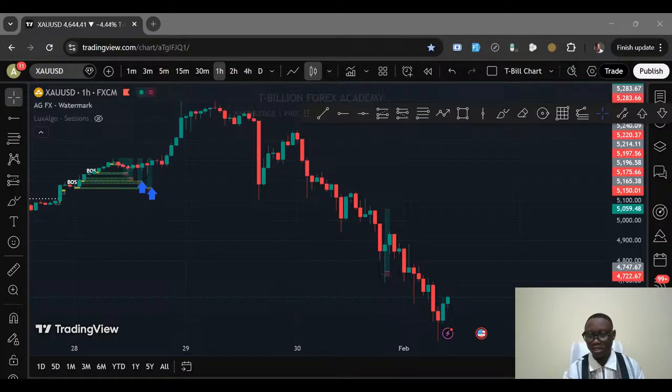You will learn how to properly read market structure, identify key order block zones as well as liquidity areas, and most importantly, how to apply them effectively in real market situations. Whether you're a newbie, an intermediate trader, or a professional trader, stay with me as we follow a very clear top-down analysis process.